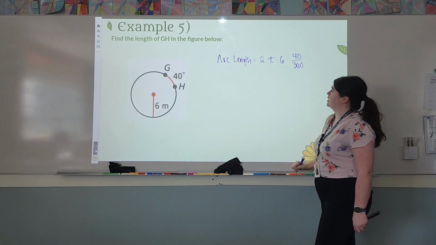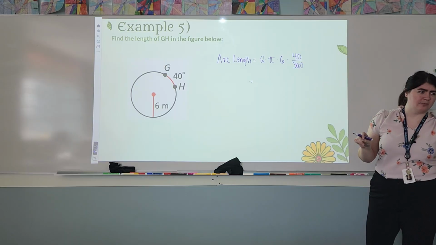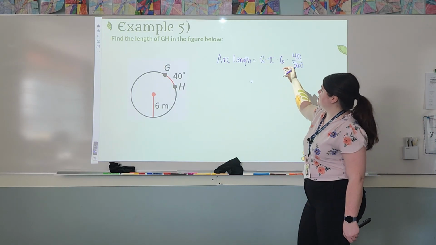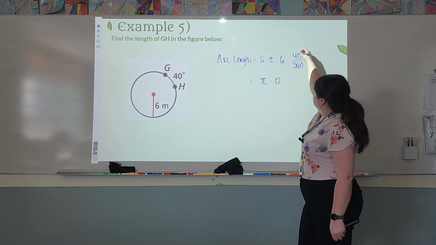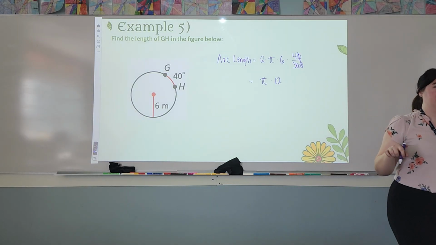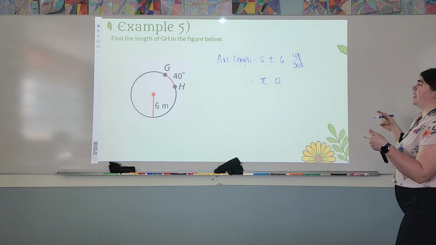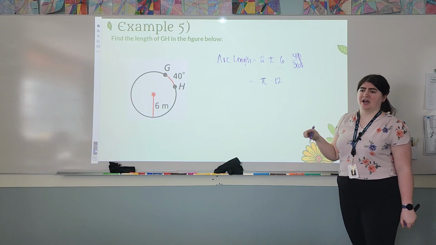360. All right. So this one, we actually can simplify a little bit, and it's going to make our math a little easier. So 2 times 6 is 12. So I have pi times 12. The 0 from the 40 and the 360 cancels out. Essentially, you're dividing both by 10. 4 actually multiplies into 36 9 times.